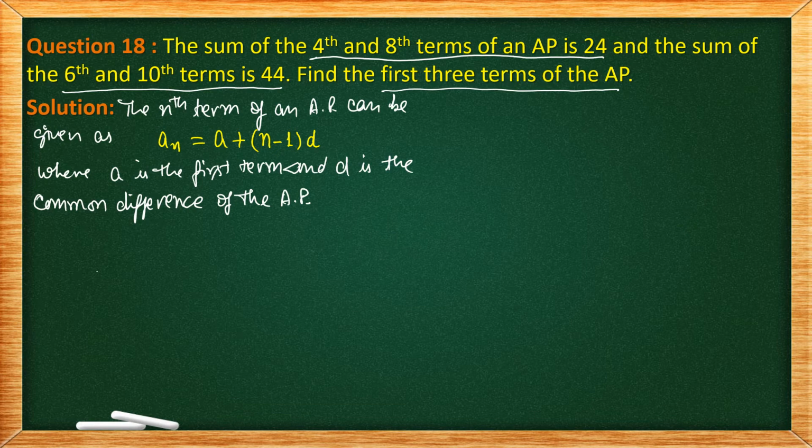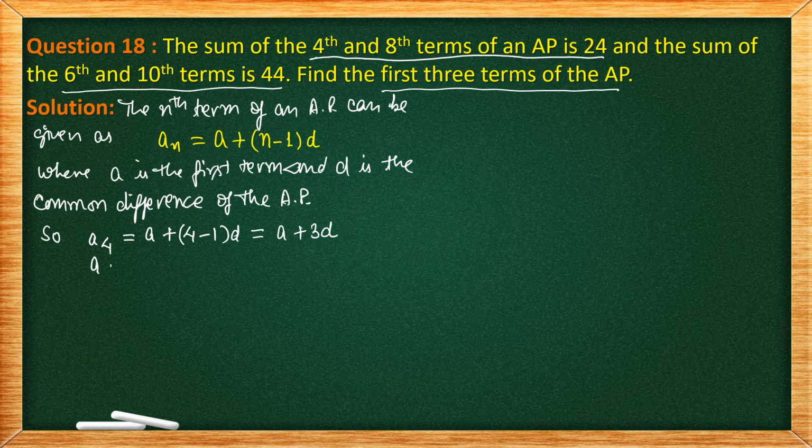So we can find out the value of these terms. A4 is equal to A plus n minus 1 into D. N is 4, 4 minus 1 into D, and this is equal to A plus 3D.